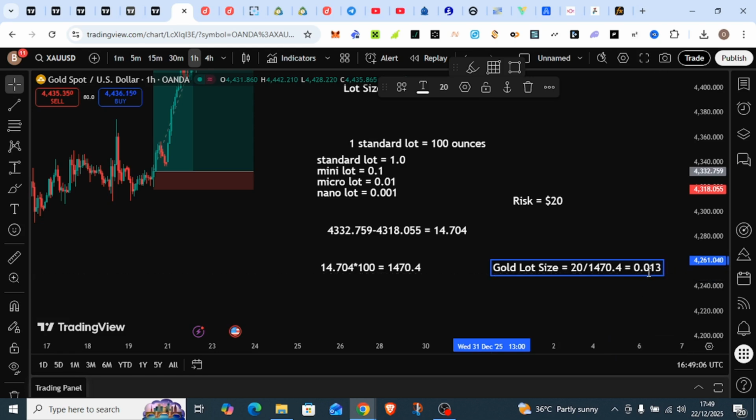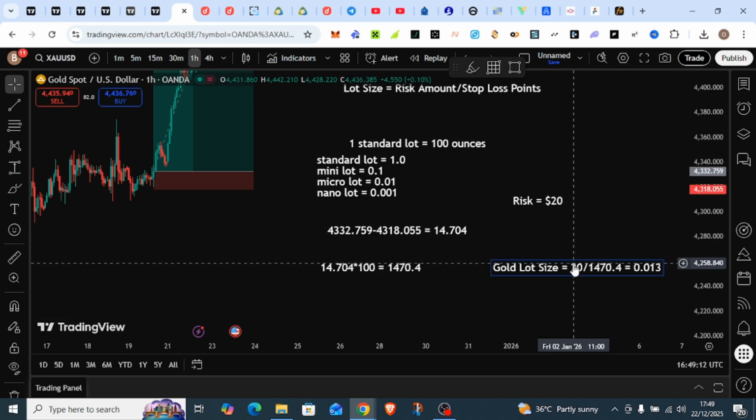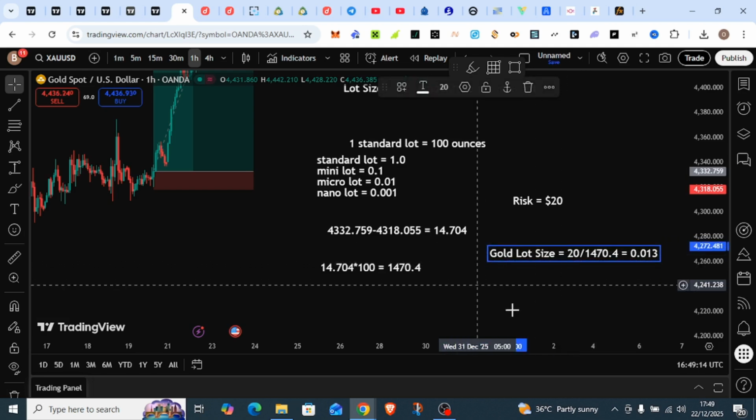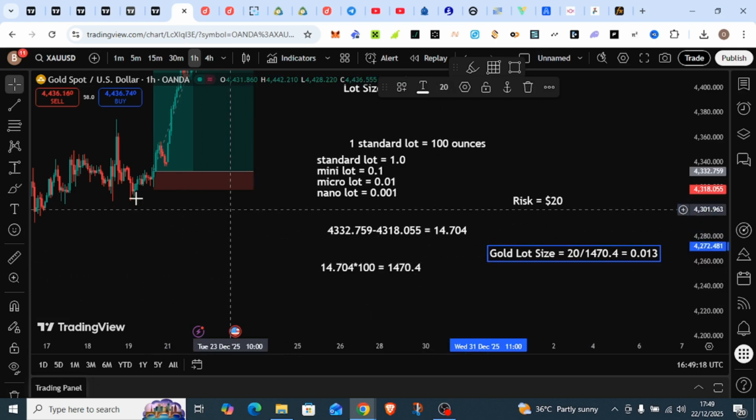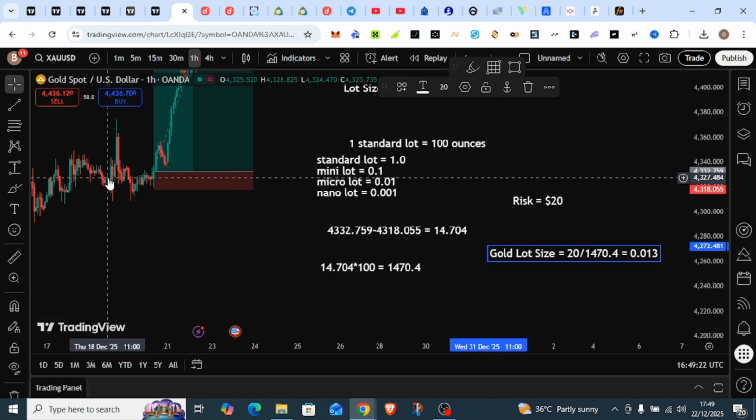It should be 0.0136. If you approximate, you get 0.014. And you can still leave it as 0.013. This is the manual method and the first method I will show you here.